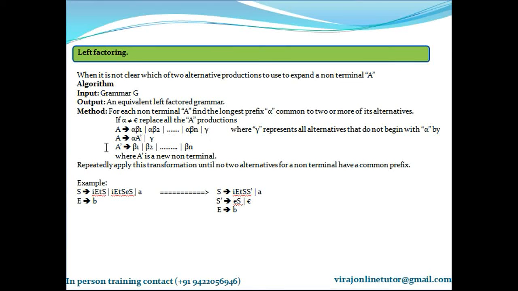So replace this with A gives alpha A dash: just write whatever is common from left once and introduce A dash. And what is A dash? Beta 1 or beta 2 till beta n. Simple. So whatever is common from left, just write it once. For the uncommon, have a new non-terminal. That new non-terminal is whatever is uncommon. So A dash gives beta 1, beta 2 till beta n. And gamma goes with this because it is not starting with alpha. Clear?